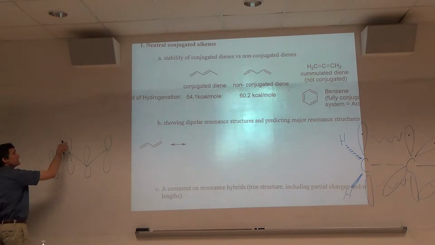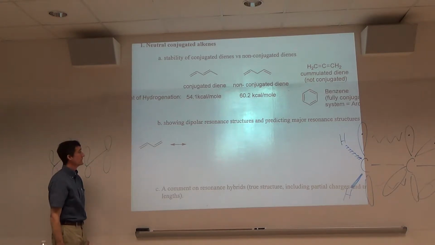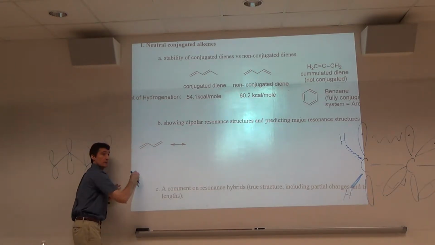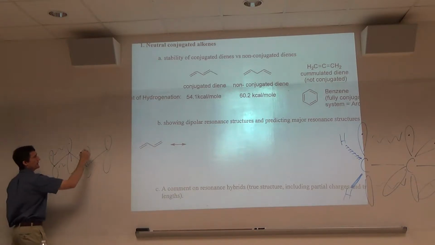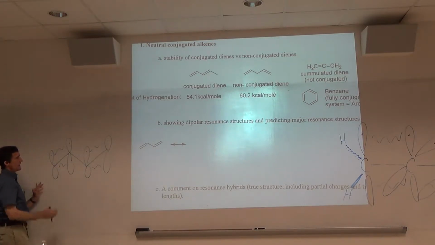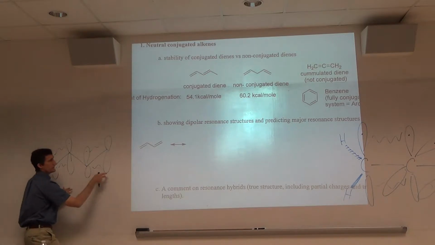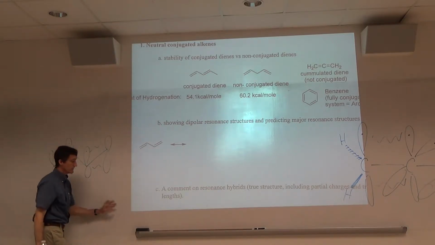I can put 1 in each, but then I'll get what I just had here. Because if I put 1 in each, then I can say, well, these could overlap and make a pi bond, and those could overlap and make a pi bond. And if I do that, that looks like a pi bond here and here. That's that structure there. Question?